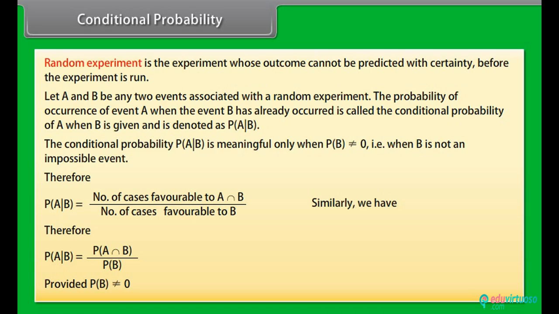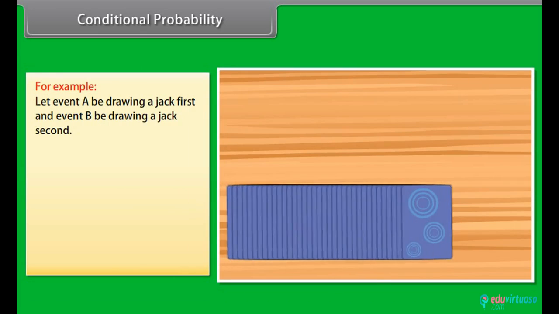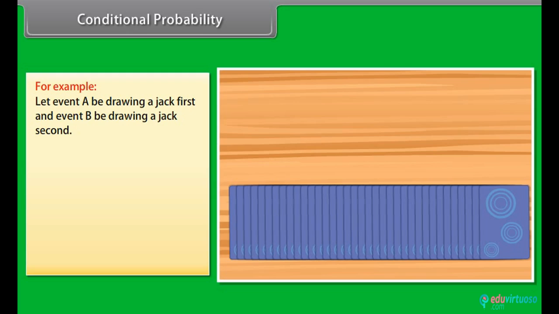Similarly, we have conditional probability of event B when event A is given is equal to probability of event A intersection event B divided by probability of event A, provided probability of event A not equals to 0. For example, let event A be drawing a jack first and event B be drawing a jack second.